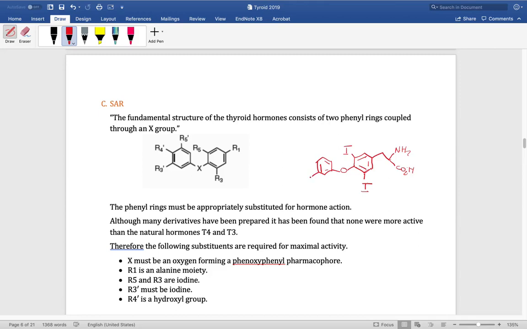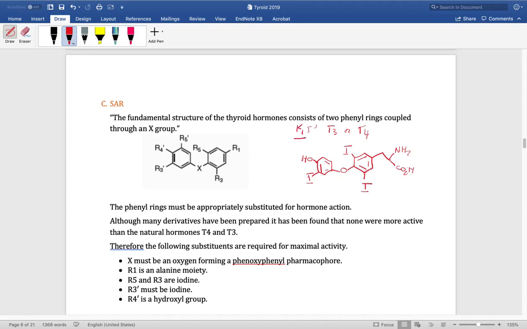So this is R3 prime. It's going to be an iodine here. At the R4 prime position, you need to have a hydroxyl group. Okay. Now, whether or not you have iodine here is going to determine whether you have T3 or T4. So T3 is not going to have an iodine here, but T4 is going to have an iodine at position R5 prime.